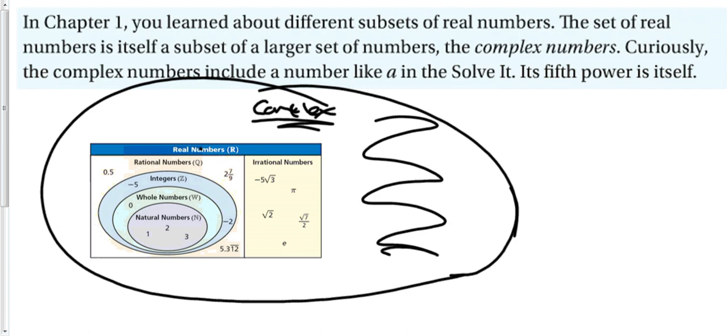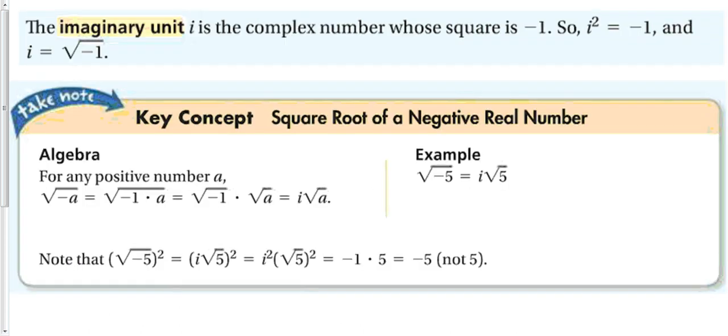There's a unique number that's going to act like our imaginary unit, which we name i. So the imaginary unit i is a complex number whose square is -1. So i squared is going to equal -1, which means that i is equal to the square root of -1.